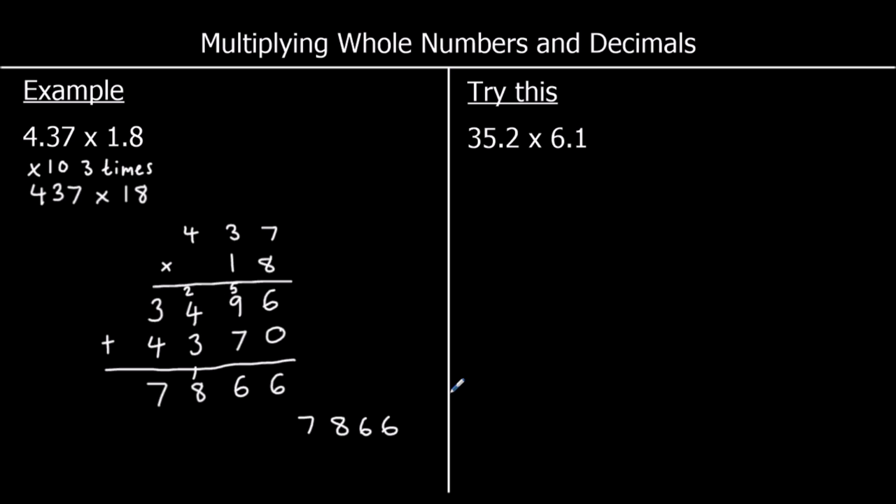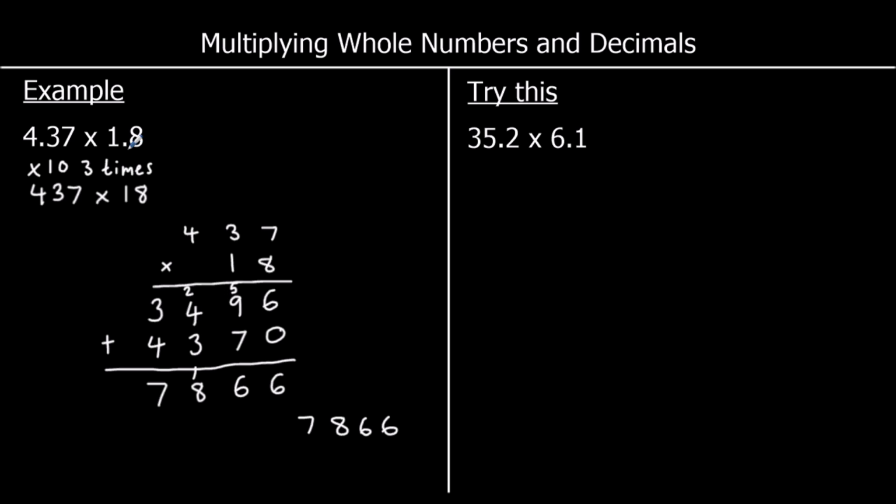7,866. But remember, that wasn't the question. So we've worked out 437 times 18. So we multiplied by 10 3 times. There were 3 numbers after the decimal place in the question. So we want to undo that. So we're going to divide by 10 3 times now.